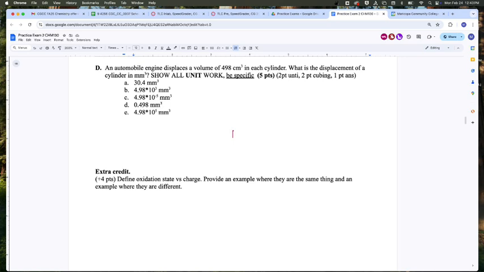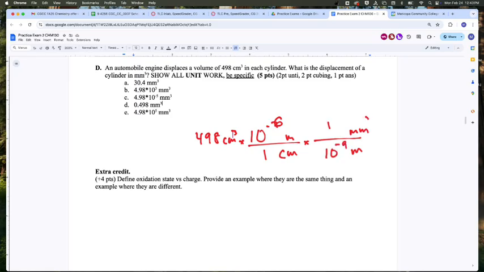I don't know. I didn't do the math. Did anybody do the math? 498, it was centimeters cubed. Make that a 6. So 498 times 10 to the negative 9.